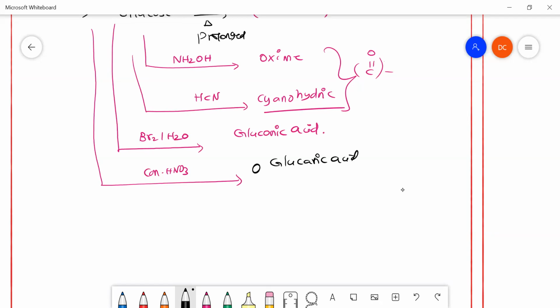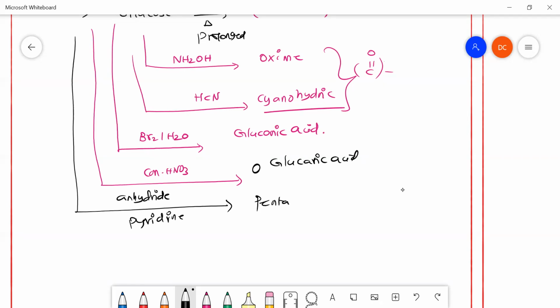Okay. After that, we gave another piece of evidence, that glucose consists of 5 OH groups, and all the OH groups are attached to different carbons. That can be checked with the help of anhydride. When glucose reacts with anhydride in the presence of pyridine, a pentaester will be formed.